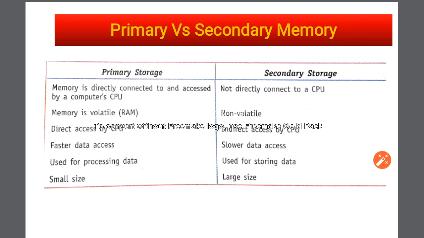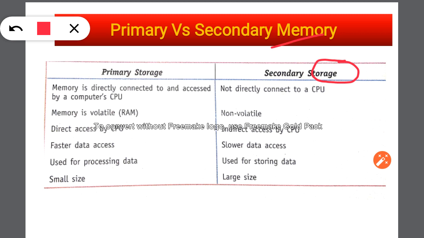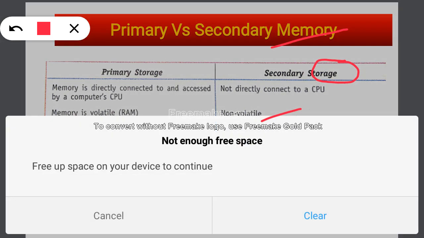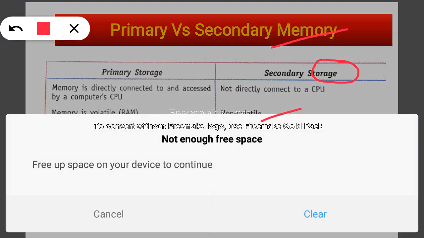So primary memory and secondary memory. Now the primary memory is volatile, whereas secondary memory is non-volatile, because once you have saved, it is saved in your pen drive, right? It can never go.